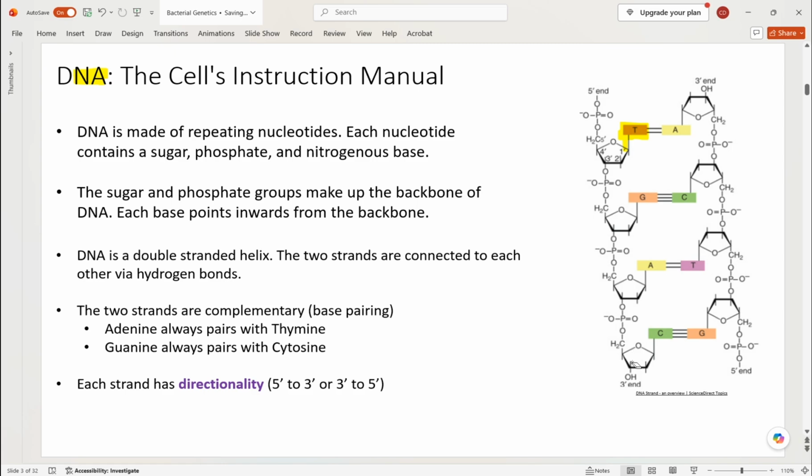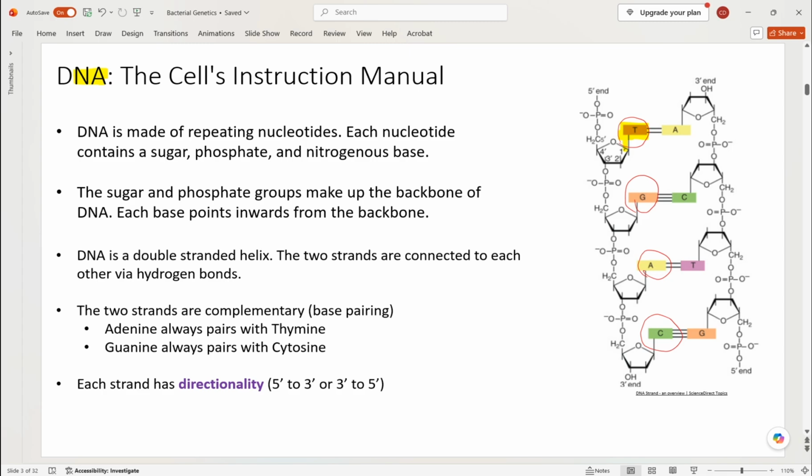So what varies from one nucleotide to the other is which nitrogenous base is attached. You can think of it as the nitrogenous base gives that nucleotide its identity. And so we tend to refer to the 4 different nucleotides as A, T, G, and C. A is for adenine, T is for thymine, C is for cytosine, and G is for guanine.